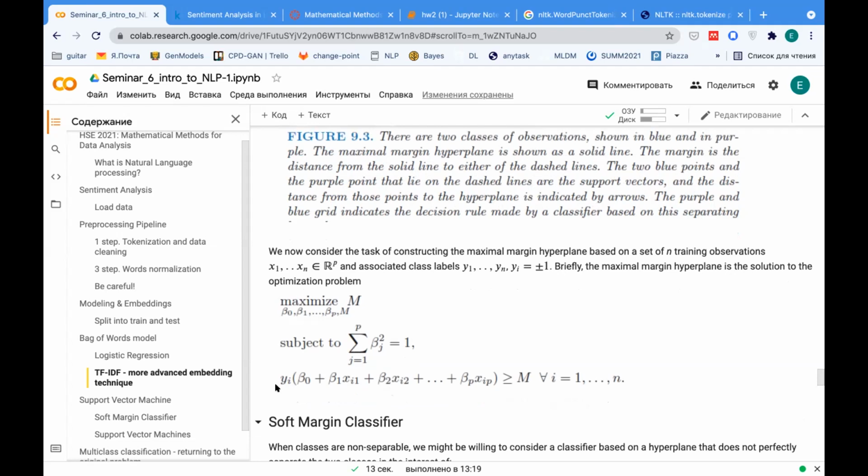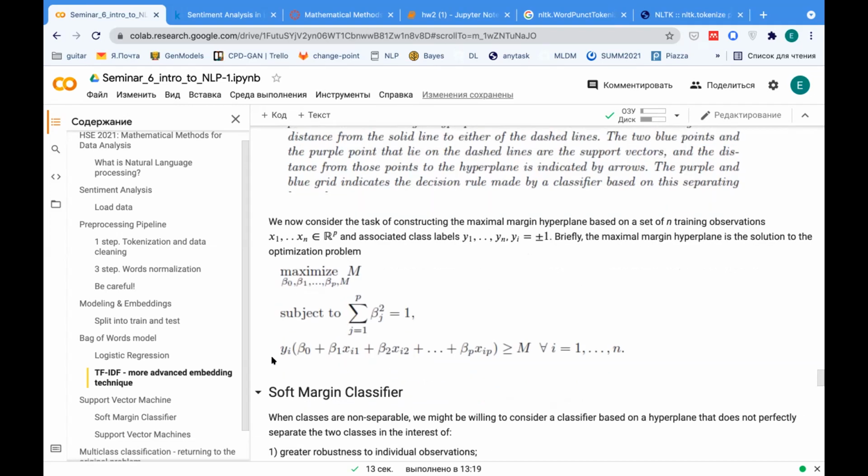And of course, we need to look at the sign of this thing, so we can multiply it by y_i. If it is positive, it means that it is placed on one side of our hyperplane, and if it's negative, then it lies on the other side of our hyperplane.